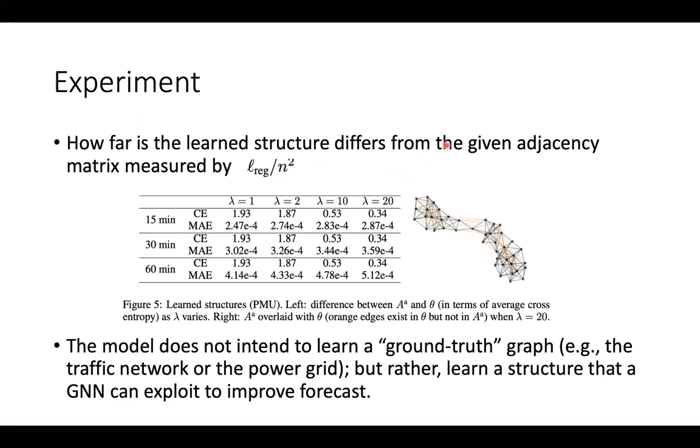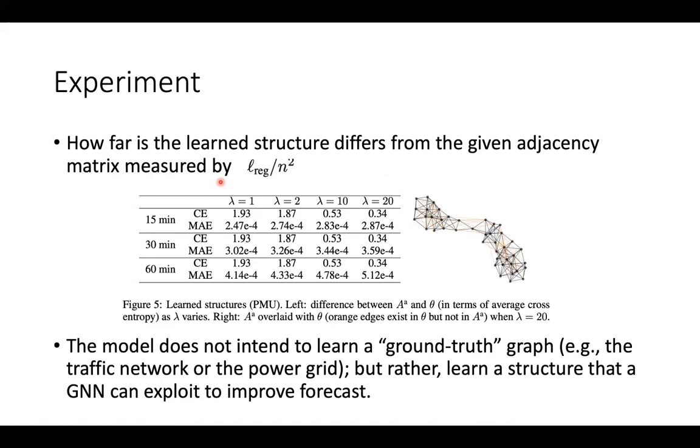So here are the results. Essentially, if lambda is relatively small, or in a very extreme case, lambda equals 0, meaning that the graph is learned with no prior knowledge, then, okay, they didn't put the results here, but the results would not be so good without this kind of supervision.